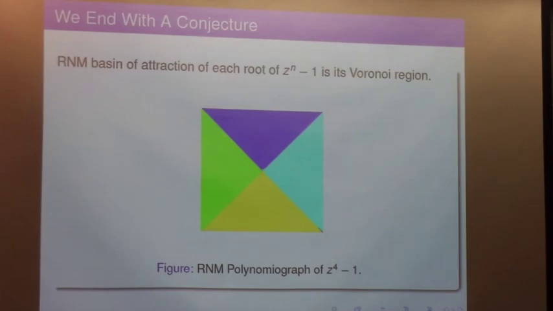But how big it is, I really don't know. For instance, for z squared minus 1 or z to the n minus 1 at the origin, it would be nice to see what the actual shapes are. Well, thank you very much.